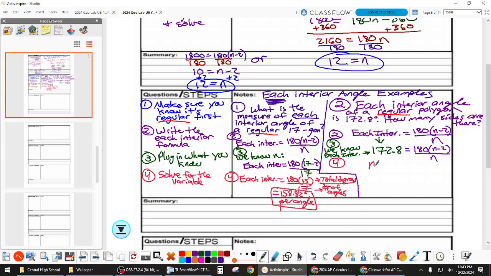So this is going to be n times, and I'm going to try to do some color stuff here. Okay, so we're going to multiply both sides by n. This, by the way, is going to be the same every time, both sides by good old n. Why is it going to be the same every time?